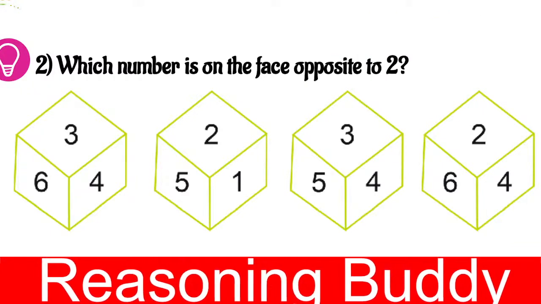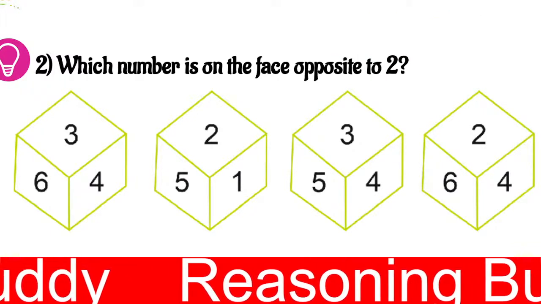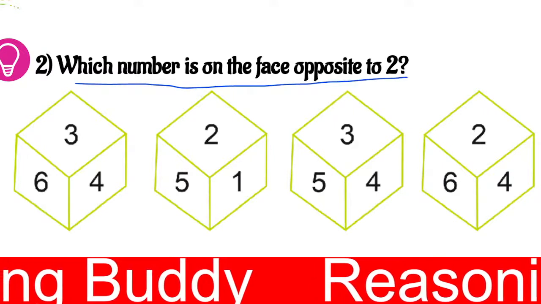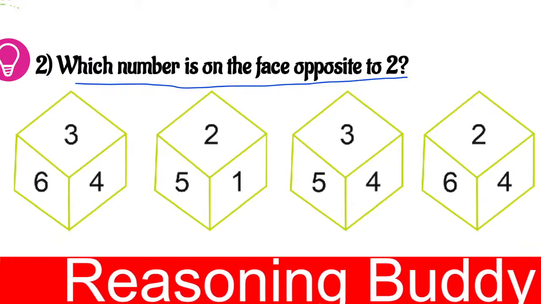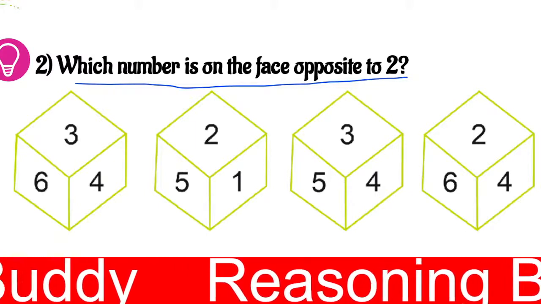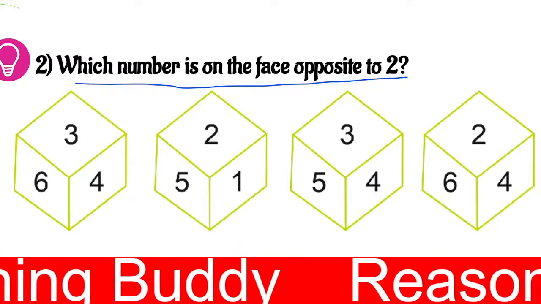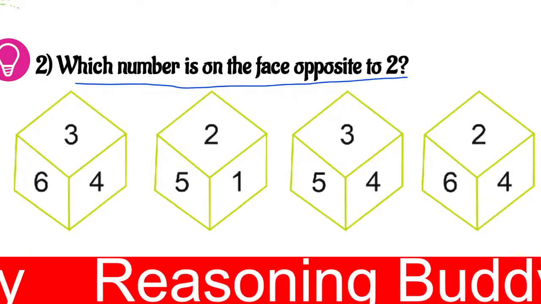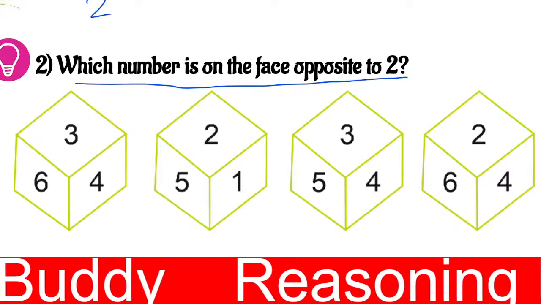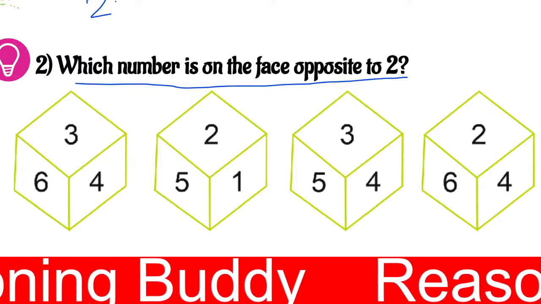Yeah, so here they ask the opposite number of 2. I think there are no commons for 2, so let's go for another method, that is which are not an opposite number for 2. If you consider that also, we can get the answer easily.